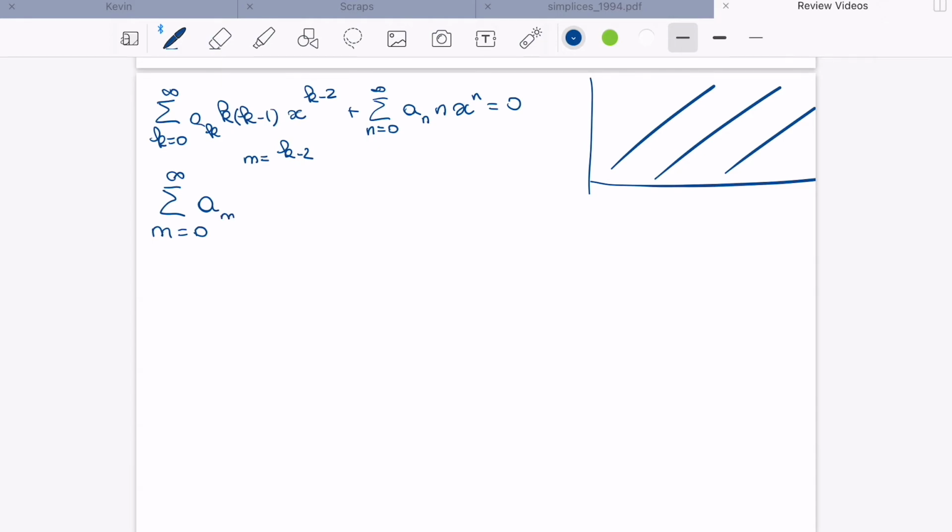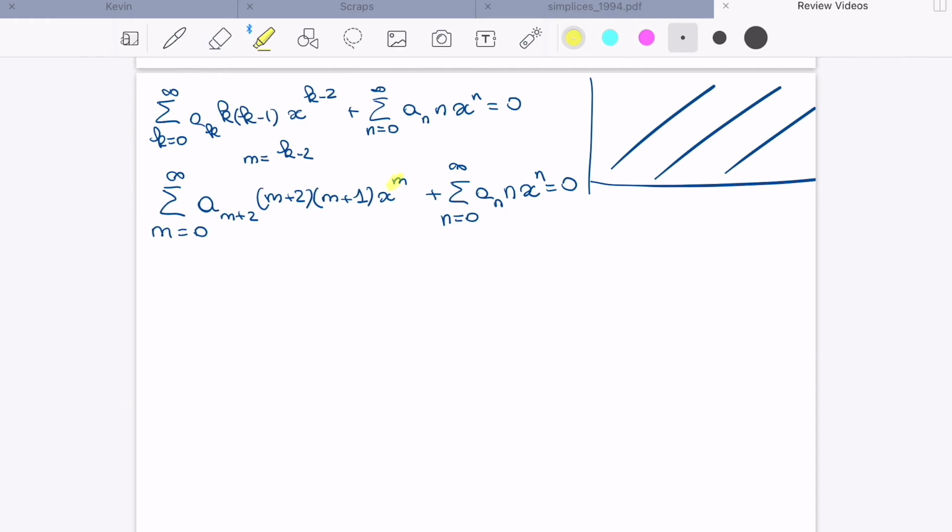So here k becomes m plus 2, k minus 1 becomes m plus 1, x^(k-2) becomes x^m, plus the sum from n equal to 0 to infinity of a_n n x^n equal to 0. And now we have two things that we want.